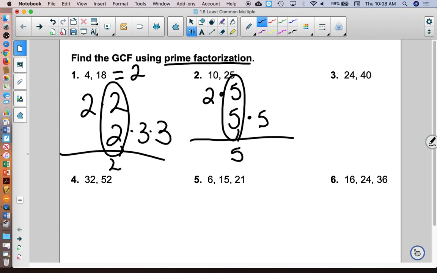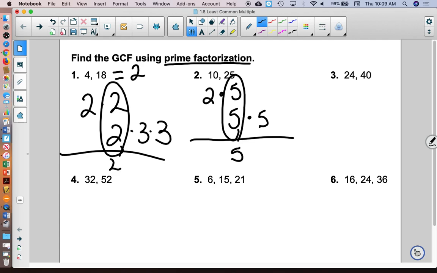That won't give you prime factorization. Okay, what I'm saying? You have to write the prime factorization. Is that prime? And then do it for 40.